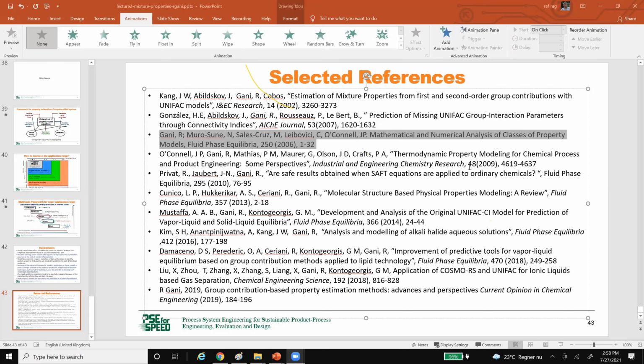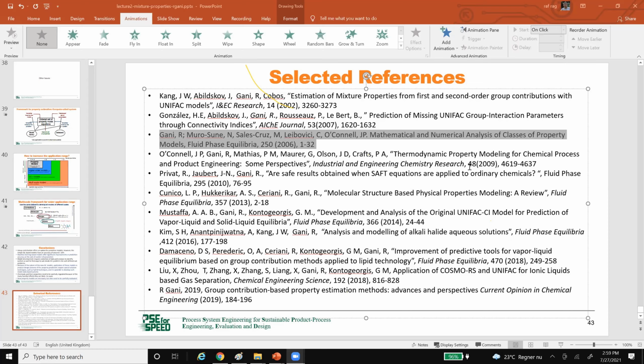But once the sigma profile is obtained for a molecule, it can be used to calculate the activity coefficient of the compound in a solvent without requiring any experimental data. So that's the power of it.